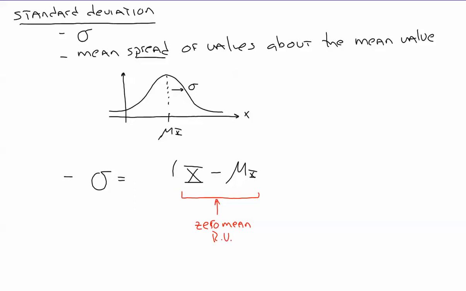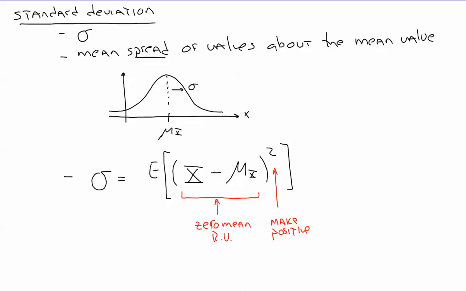So the next thing we're going to do is square that to make everything positive. And then I'm going to find the expected value of all of this.